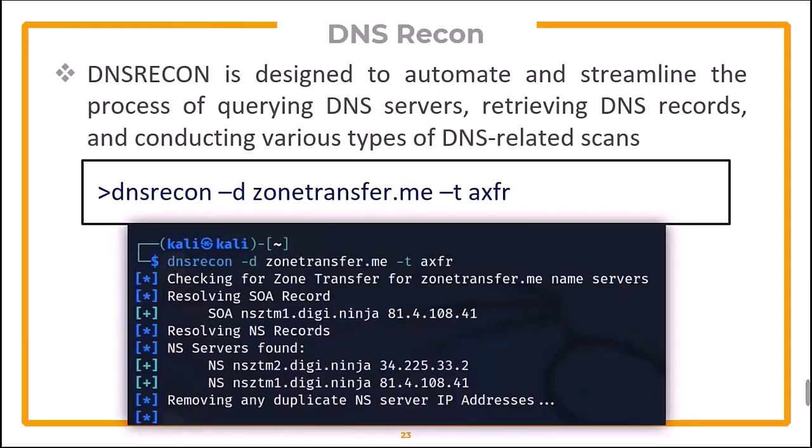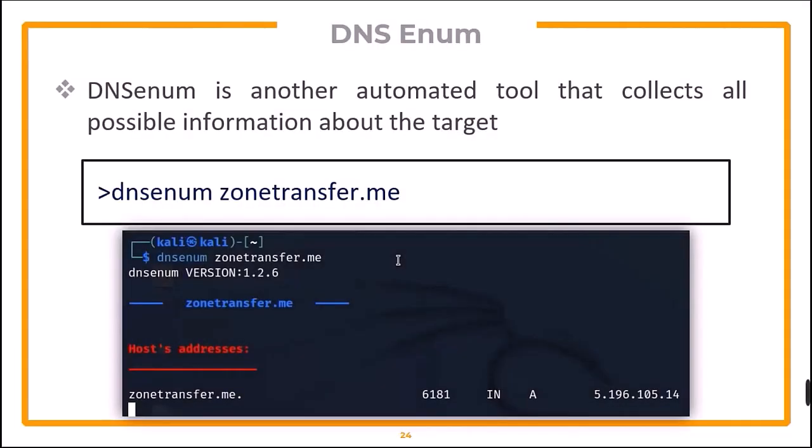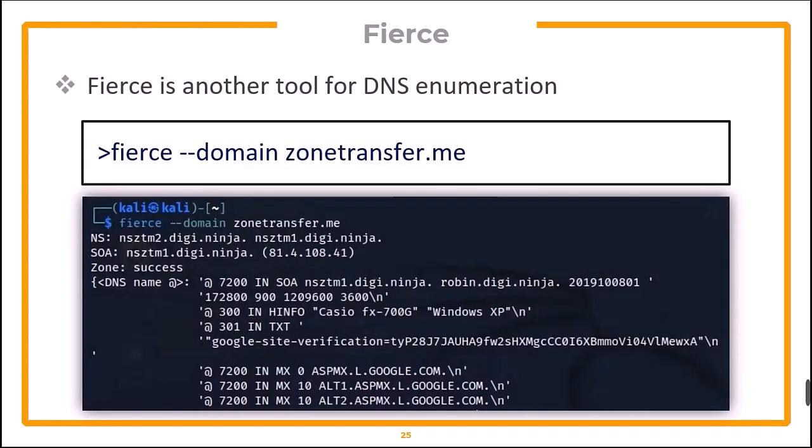You can use the command dnsrecon -d, the domain name, and specify the type with the -t flag. The second tool is dnsenum. It is an automated tool that collects all possible information about the target. Fierce is another tool for DNS enumeration and is very popular with pen testers.